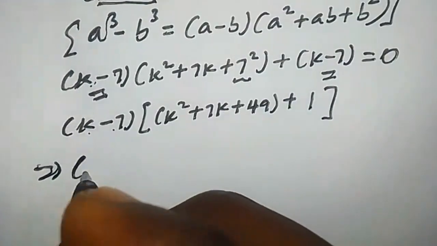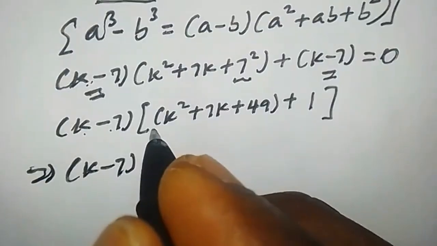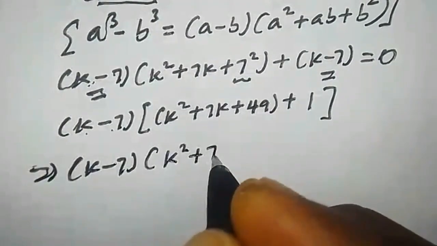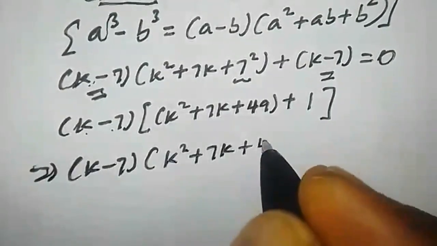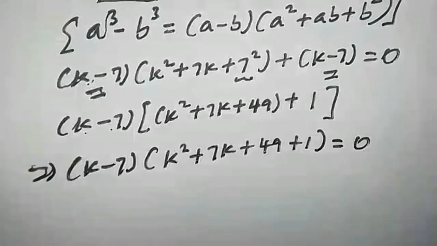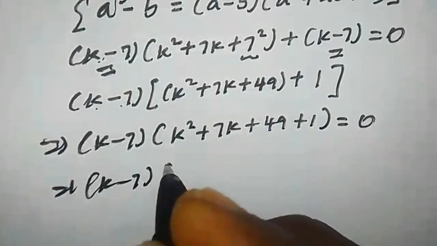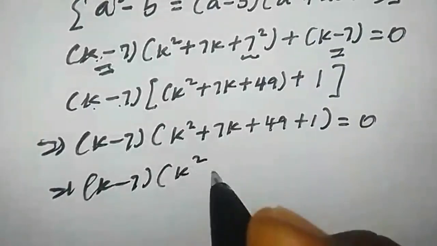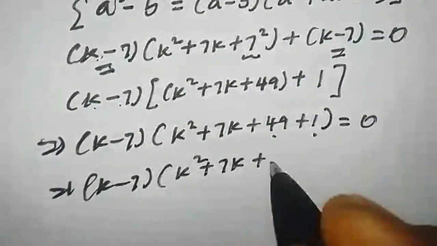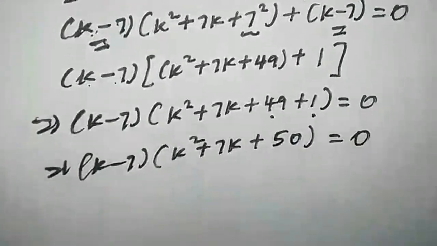This implies that K minus 7 times, let us drop this bracket, so we have K square plus 7K plus 49, everything equal to 0. K minus 7 times K square plus 7K plus 49 plus 1, 50 equal to 0.